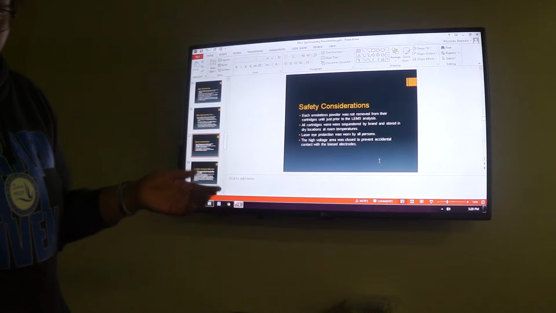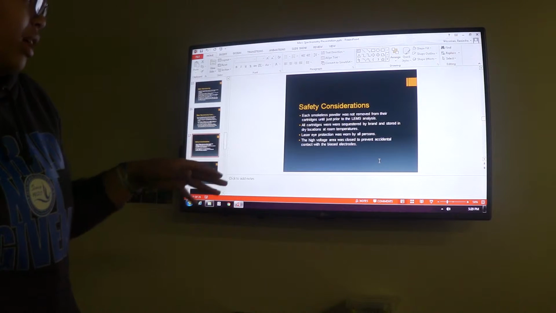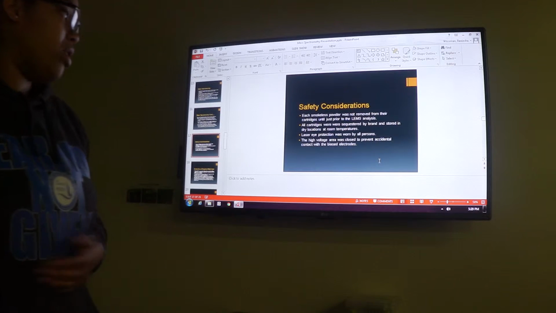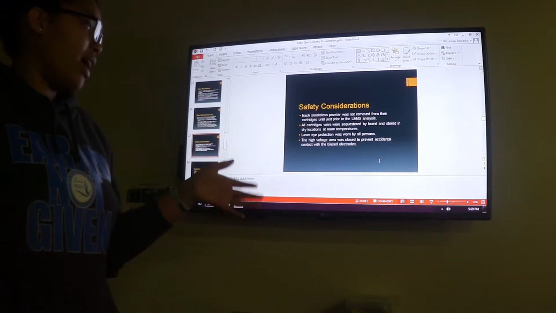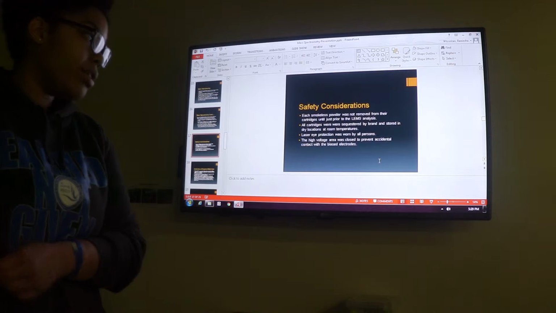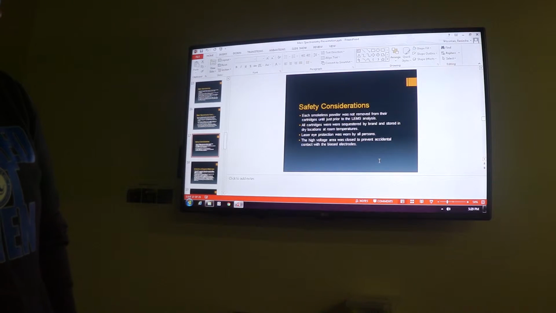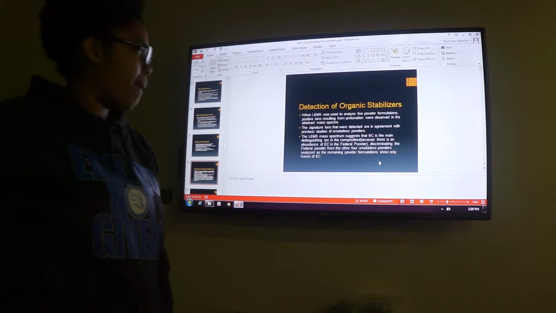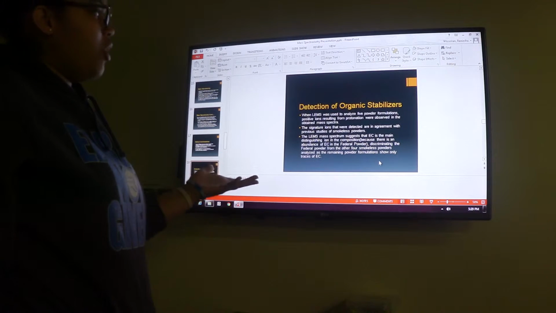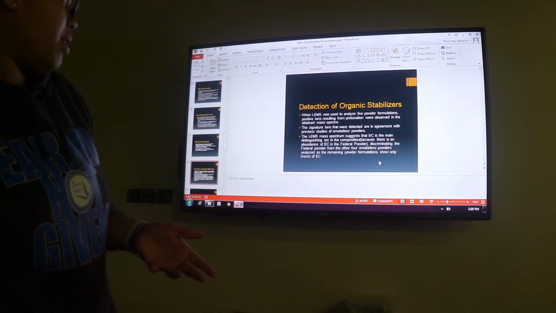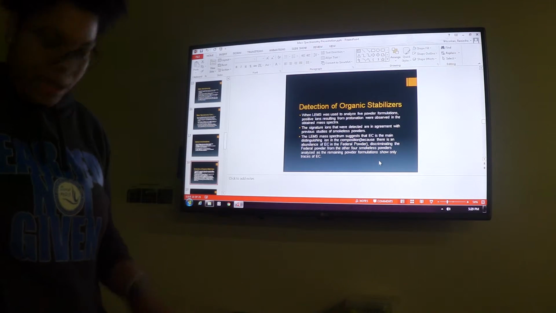They were all sequestered and stored at dry locations. Because lasers were used, laser eye protection was worn at all times, and anything dealing with the high voltage was closed to prevent accidental contact with the electrodes. So, detection of organic stabilizers: we already discussed that LEMS was used to detect the 5 powders.